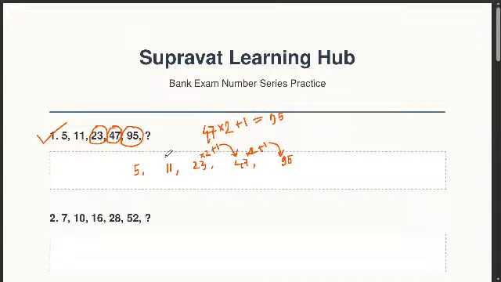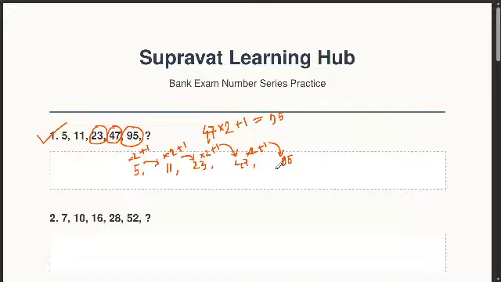If we multiply it by 2 and add 1, we are getting this, right? 11 times 2, that is 22, plus 1, that is 23. Okay, so 5 times 2, that is 10, plus 1, that is 11. So we are getting this.